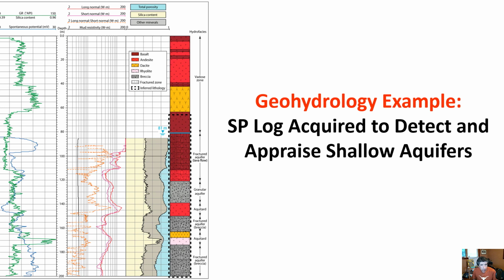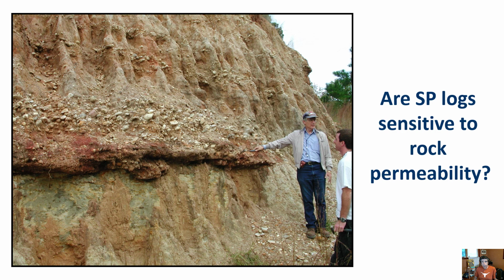One case in point is in the presence of fractures. Very often fractures enhance ion mobility, and very often that ion mobility is expressed in some way in the spontaneous potential log. So that's another very useful application of the spontaneous potential logs to assess quality of water in aquifers.